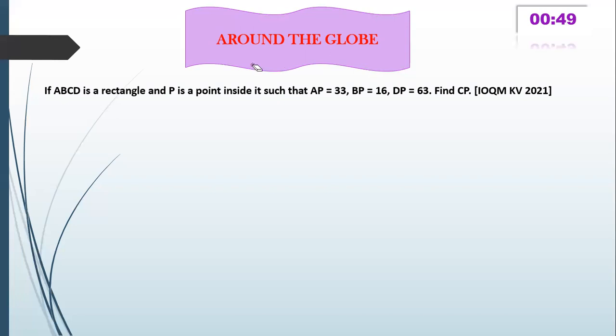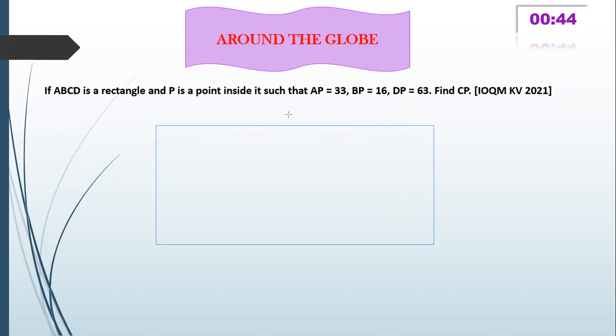Okay, now let me solve this question. I think no more time should be given to this. Okay, what is British flag theorem? Already one of you asked me.